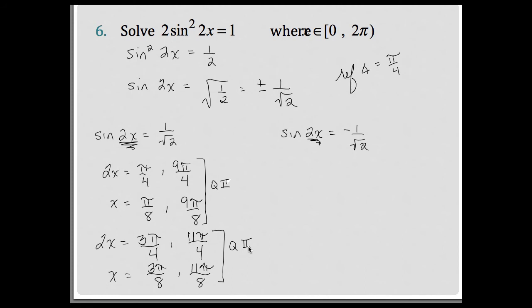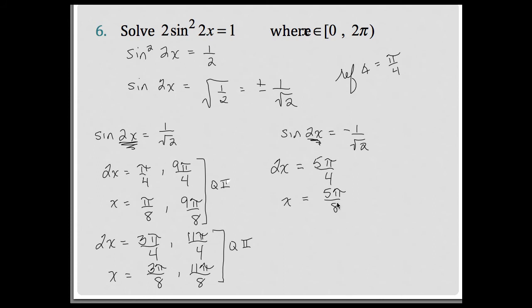So we know sine is going to be negative down in quadrant 3 and quadrant 4. All right, so think of the third quadrant using pi over 4 as your reference angle. So if you do pi plus pi over 4, that gives you 5 pi over 4. All right, divide that by 2, you get 5 pi over 8.